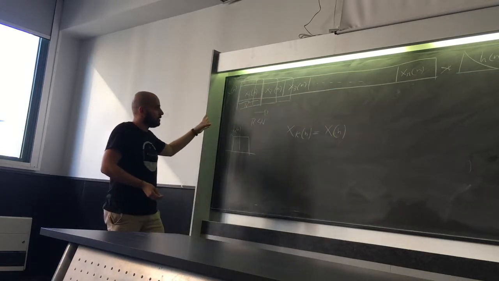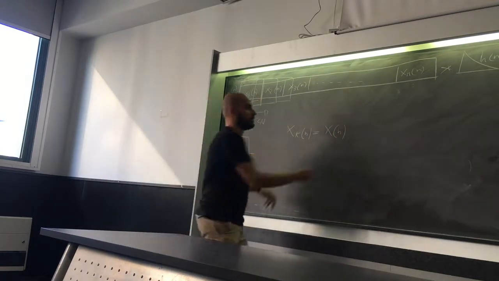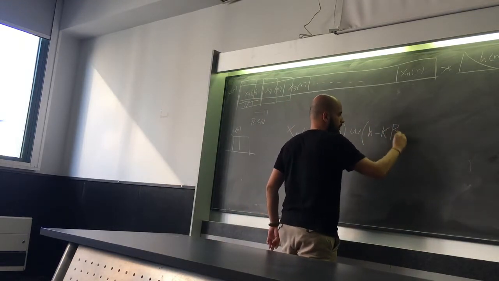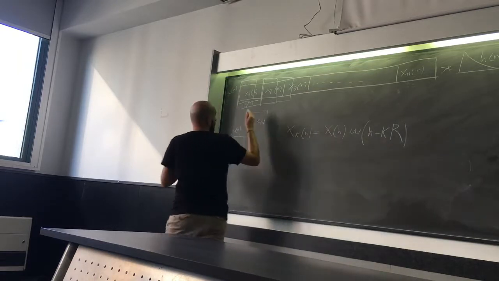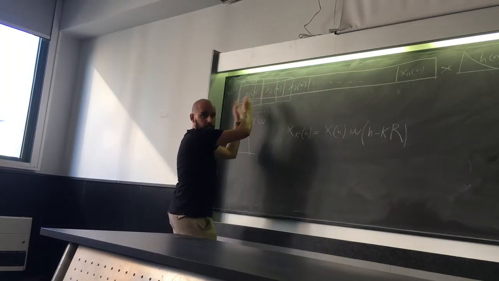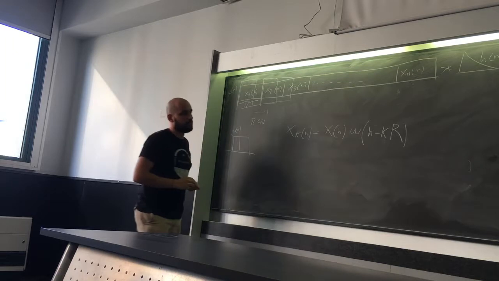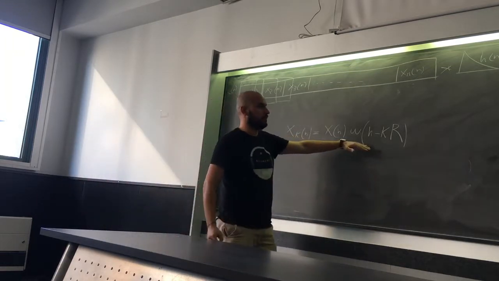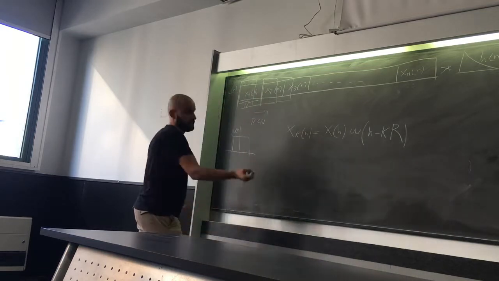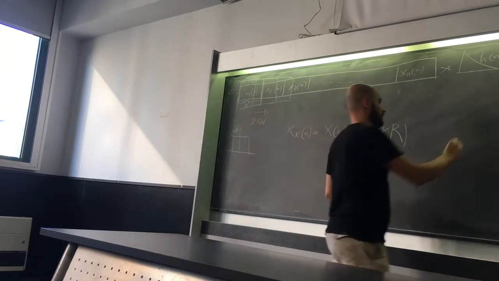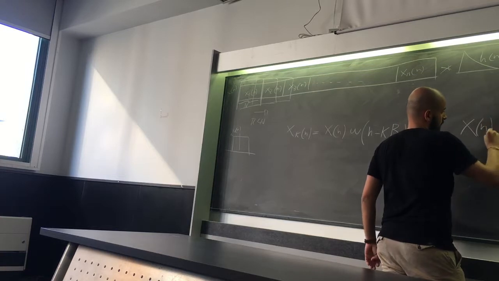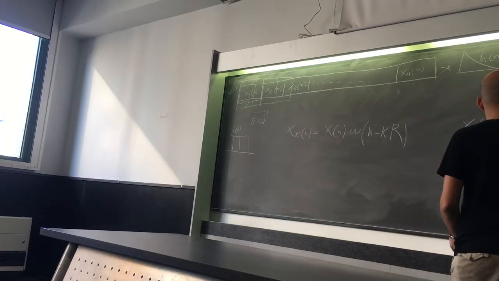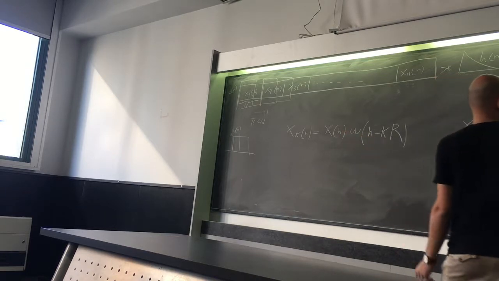And the window needs to select that specific portion. So this is a window which is translated by R, where R now is the hop size, how we're shifting the window step by step, okay? So basically, this is the same signal which is selected by the window. So what we're saying is that the overall signal X can be decomposed as a summation of all these signals x_k[n].